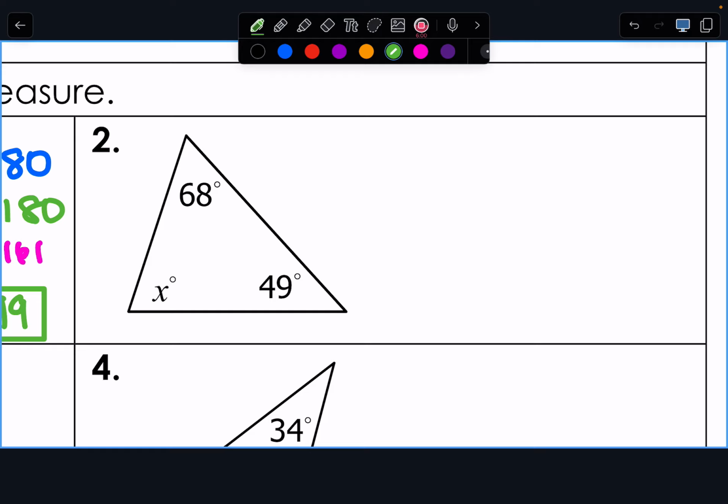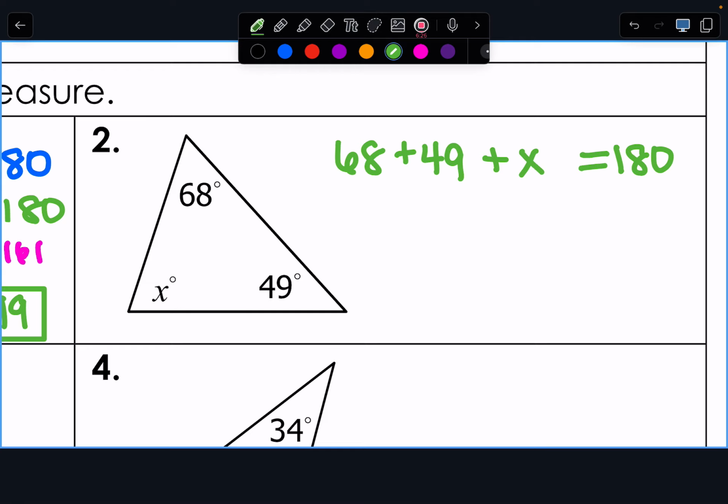For number 2. Landon, what should we write down? And what equals 180? Excellent. 68 plus 49 plus x equals 180 degrees.